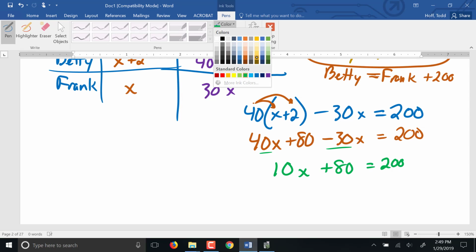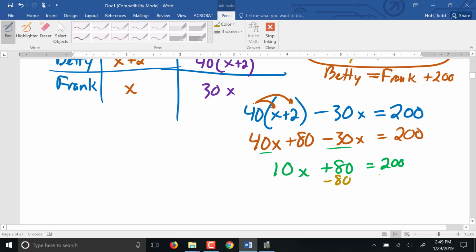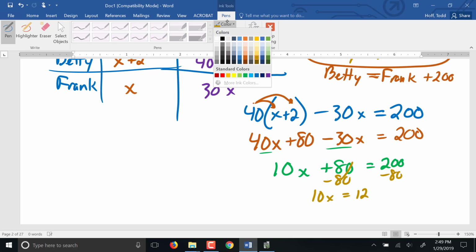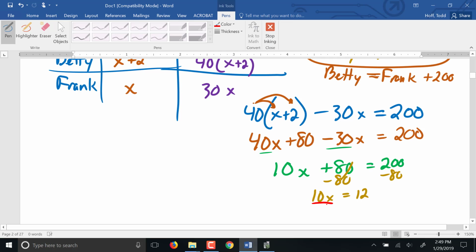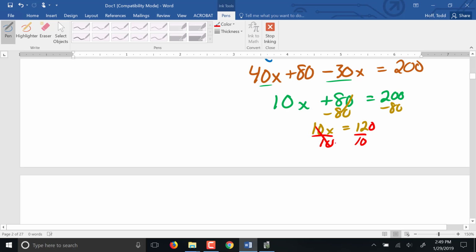Next, we shall subtract the 80. 10X equals 120. 200 minus 80 is 120. We divide by 10, X equals 12.